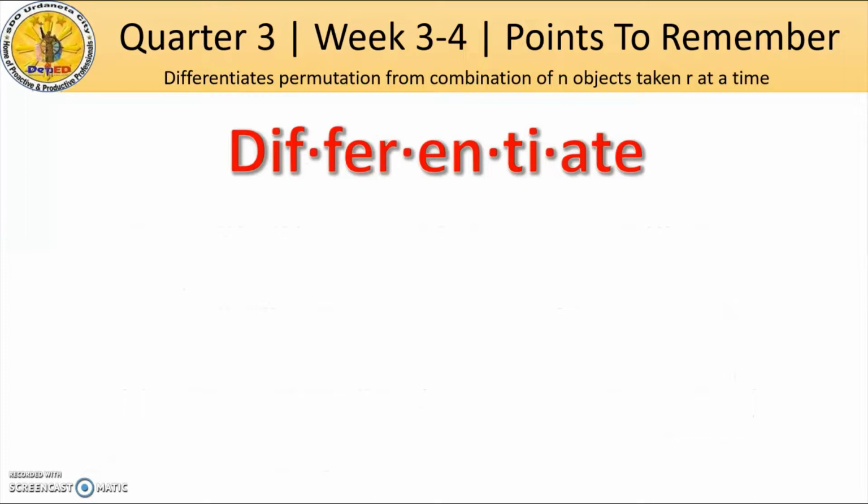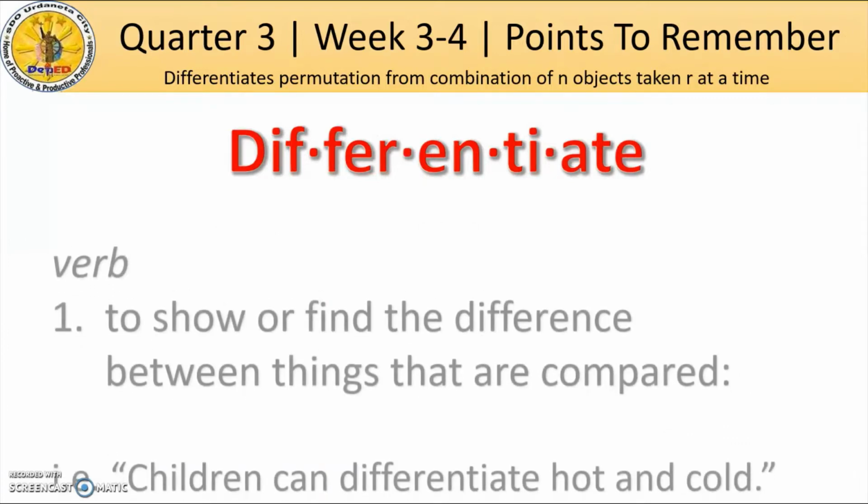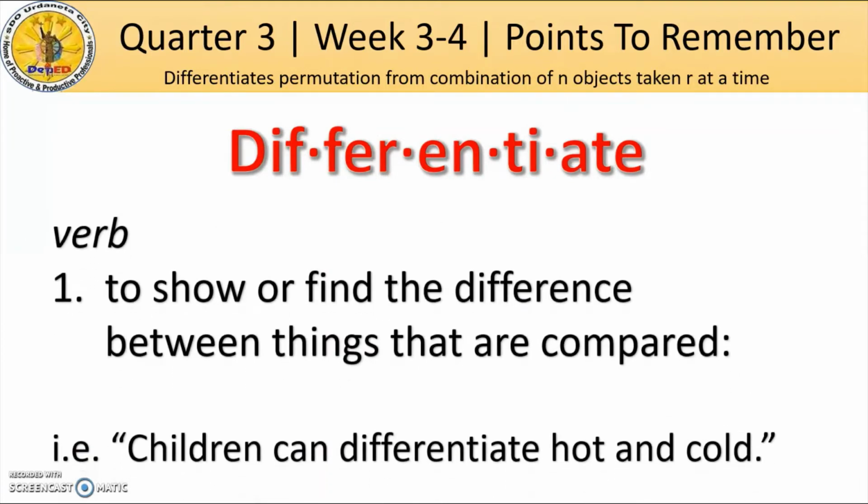Differentiate, according to the Oxford Dictionary, is a verb meaning an action to show or find the difference between things that are compared. Example, children can differentiate hot and cold, meaning children can tell the difference between hot and cold.